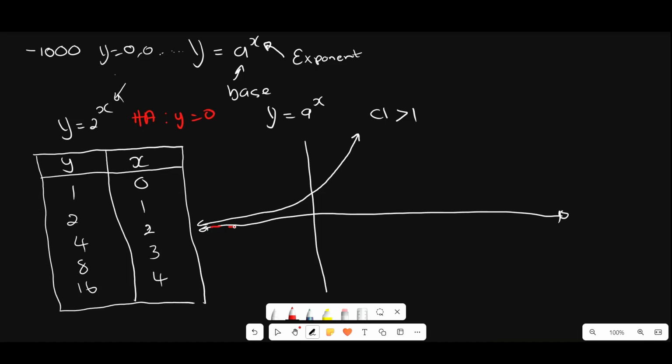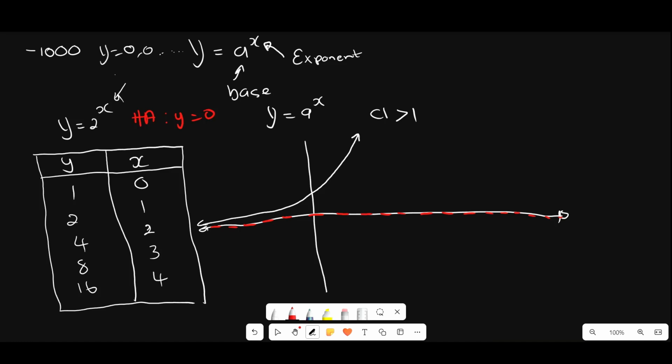So meaning you'll have this line here as my asymptote. What that means is that our function approaches that value, but it cannot be equal to it.